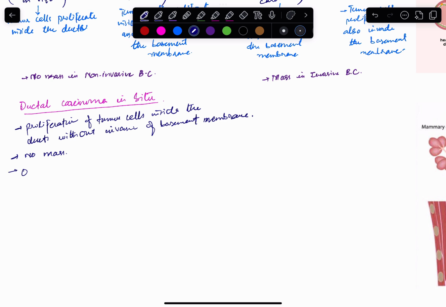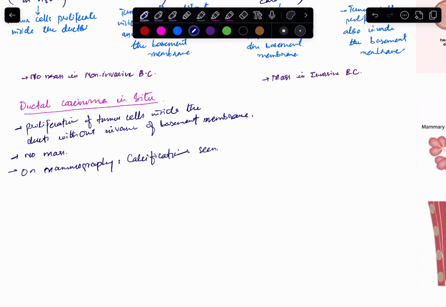On mammography, you're only going to see calcifications. But these calcifications do not suggest a malignancy, right?